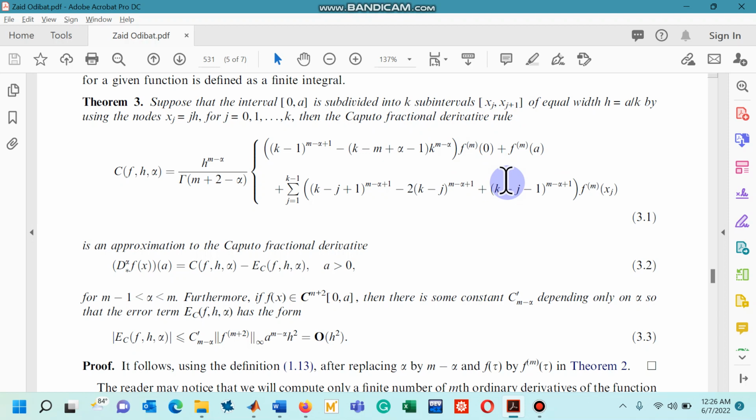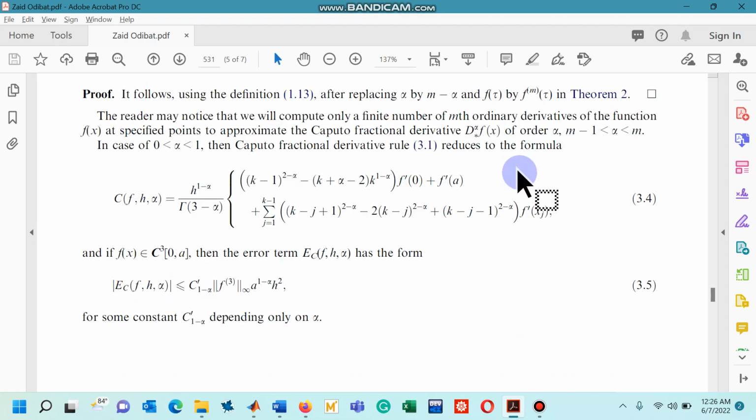In this general scheme, if you substitute alpha to be any number lying between 0 and 1, then this general scheme 3.1 reduces to the scheme shown by equation 3.4. Now I will let you know how we can convert this equation 3.4 into a few lines of code in MATLAB.